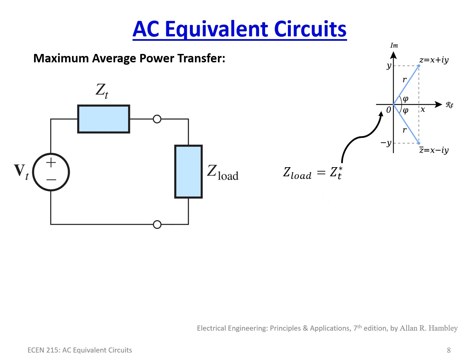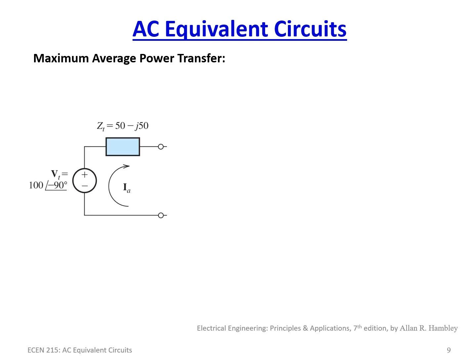So let's take a look at some examples of this. Here we have V of t equal to 100 at minus 90 degrees, with ZT equal to 50 minus j50 ohms. This is what we just came up with earlier in the previous example. This was our Thevenin model.